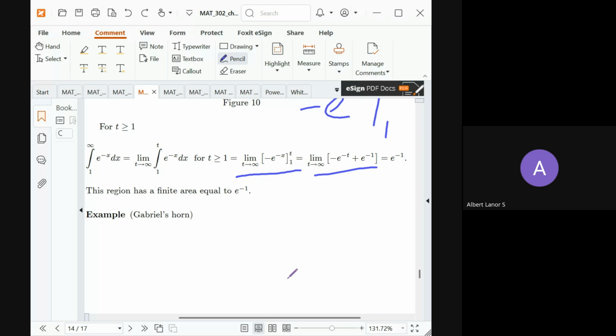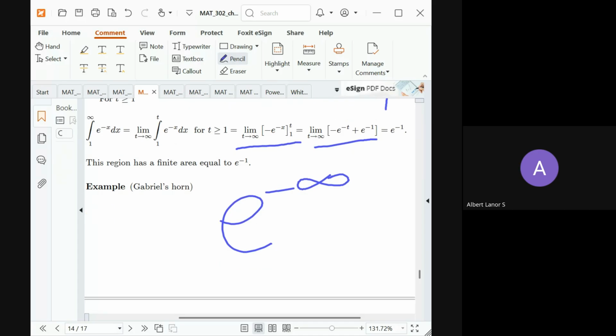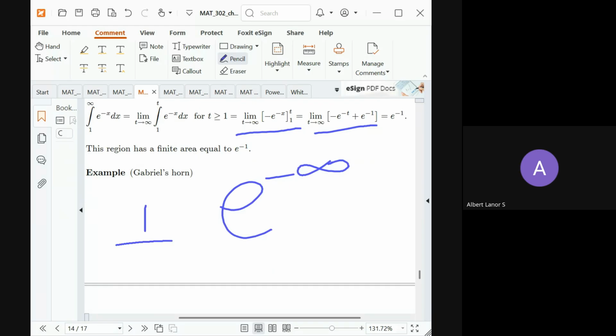No, e to the power minus infinity is not infinite, it's finite, it's 0. It's like this. You write it as 1 over e to the power infinity. You know that these two are the same. Now, e to the power infinity is infinite.